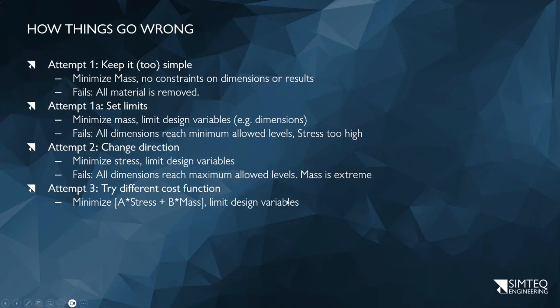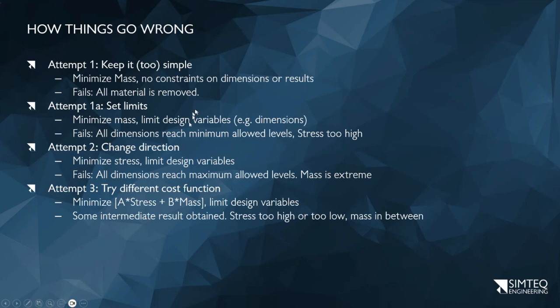So we still limit the design variables. So at the end of this, we get some kind of intermediate result. It's not at the minimum, it's not at the maximum, because I'm weighing it to both. So based on these coefficients, my stress may be too high or too low, and the mass is somewhere in between. Now the problem is if the stress is too high, I can tweak that coefficient, make it higher, or make this one low.